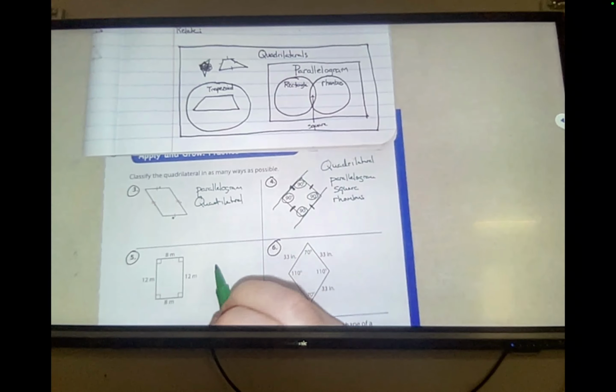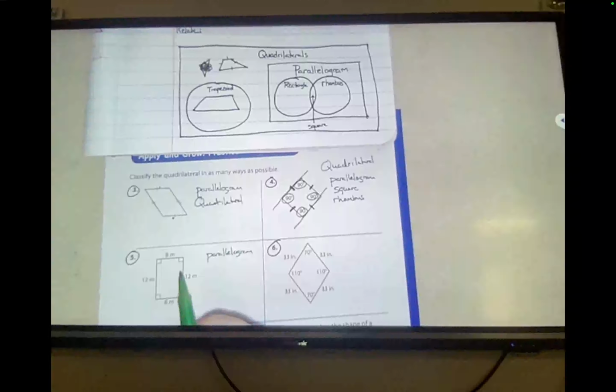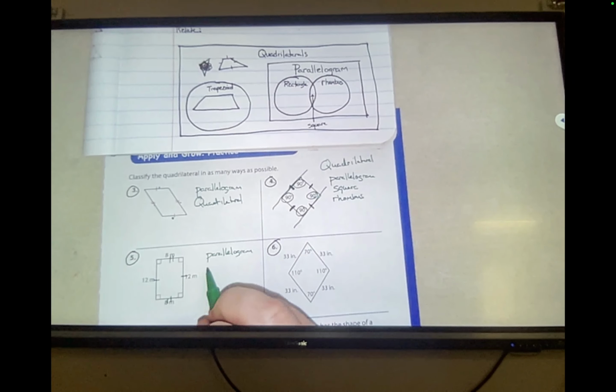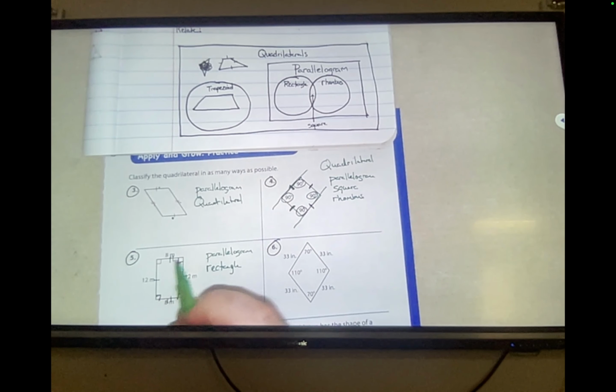Same thing on this one. I would say it's a parallelogram. Why? Because we got this side equal to this side, and parallel, parallel, parallel, parallel. Then we obviously can say it's a rectangle, because we got everything that the parallelogram is, but then we have the 4 right angles.